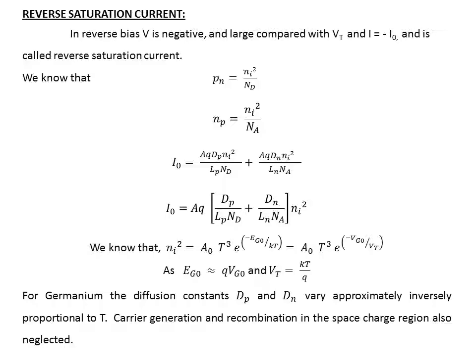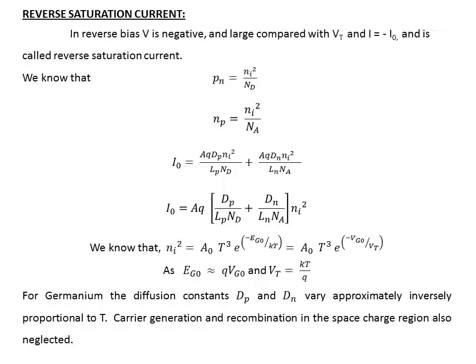As we know, Ni² can be given by the expression A0 · T³ · e^(−Eg0/kT), where A0 is a temperature-independent constant, and the dependence of Ni² on temperature is represented by T³ and e^(−Eg0/kT). Eg0 is the energy gap at 0 kelvin, k is the Boltzmann constant and T is the temperature.